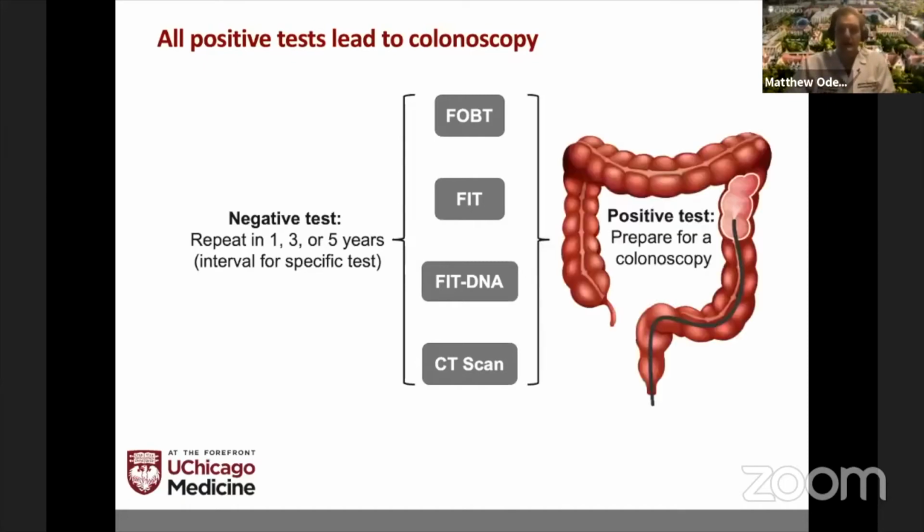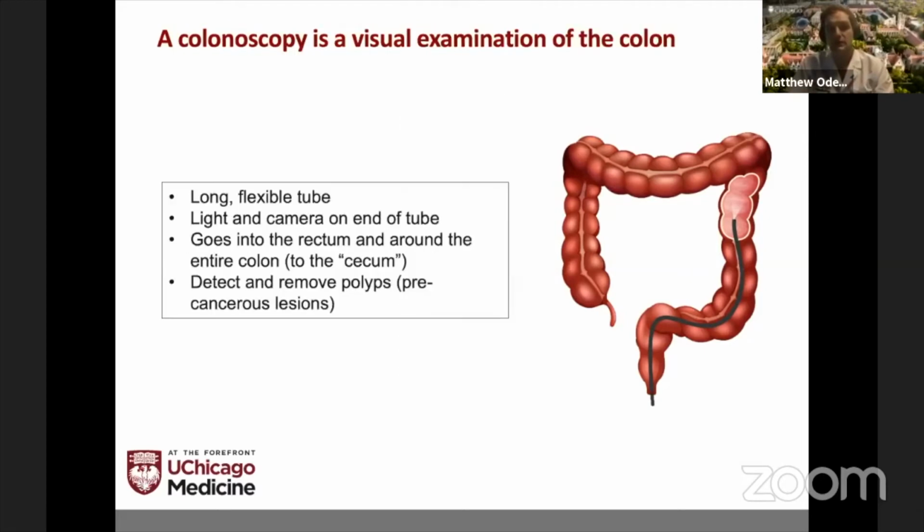However, if any of these is positive, it really needs to be followed up with a full colonoscopy to look for why it was positive. Why was there blood in the stool causing the FOBT or FIT or FIT DNA test to be positive? And what was causing the imaging abnormalities on the CAT scan? They really need to be directly looked at. Because of this, colonoscopy is often considered the gold standard for screening for colon cancer. And so the rest of the talk for screening will really be focused on colonoscopies.